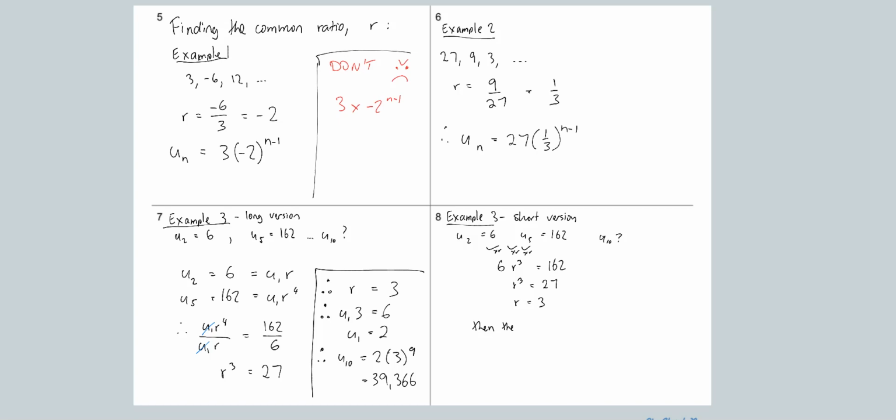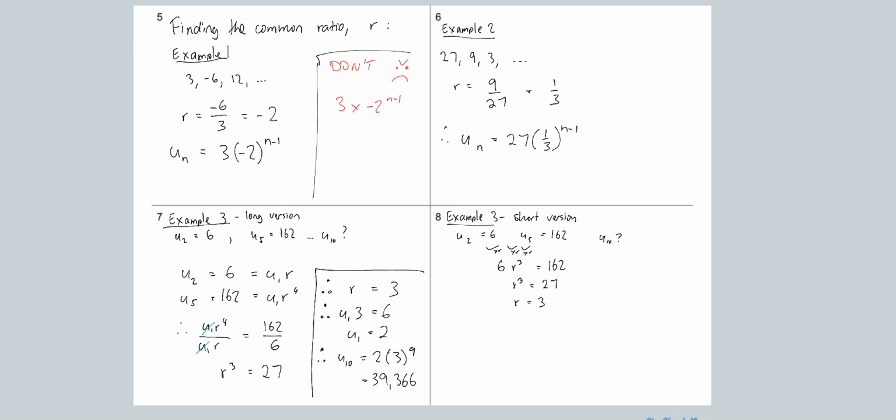Then the rest as per long version. Oh no, actually no, there is one more. There's one more shortcut, I forgot. Okay, so we've worked out that r equals 3 just by following our logic. Anyone got any questions about that? Well, the next thing we can also take into account is this, right?